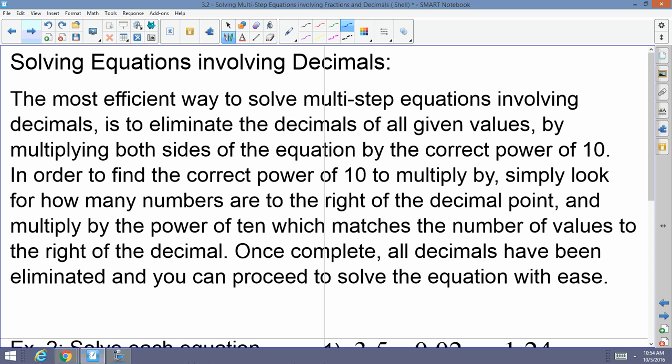In order to find the correct power of 10 to multiply by, simply look for how many numbers are to the right of the decimal point and multiply by the power of 10 which matches the number of values to the right of the decimal. Once complete, all decimals have been eliminated, and you can proceed to solve the equation with ease.